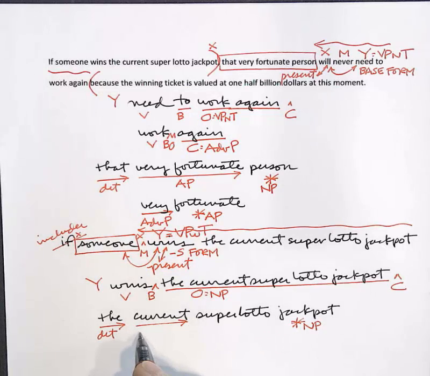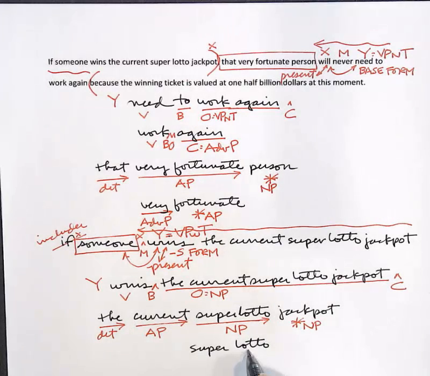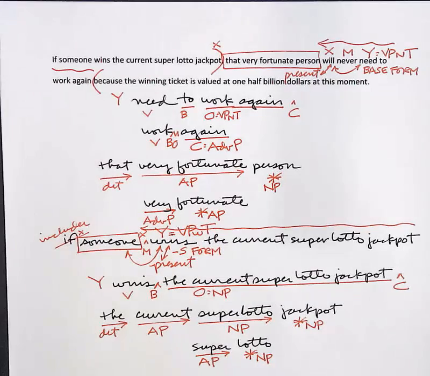Current is an adjective phrase, and Super Lotto is a noun phrase, and because it's more than one word, we'll rewrite it. And we'll show the head, lotto, that's our noun phrase head, and super is the modifier, it's an adjective phrase.